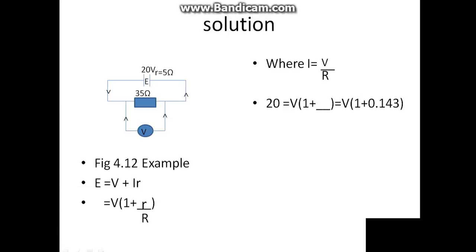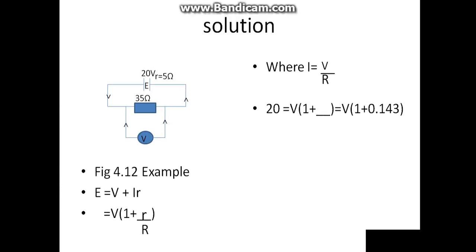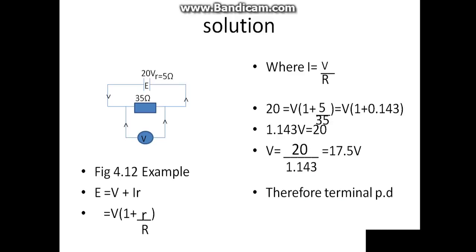Then, collecting like terms together, we have that 1.143 V is equal to 20. Making V the subject of the formula, we now have 20 over 1.143, which will give us 17.5 volts. Therefore, the terminal PD, capital V, is equal to 17.5 volts.